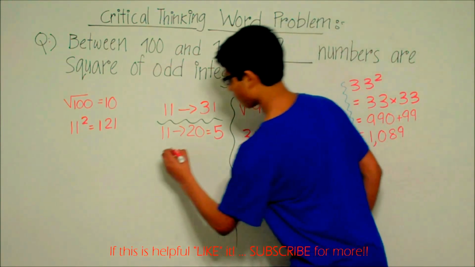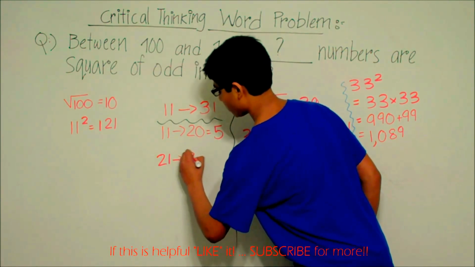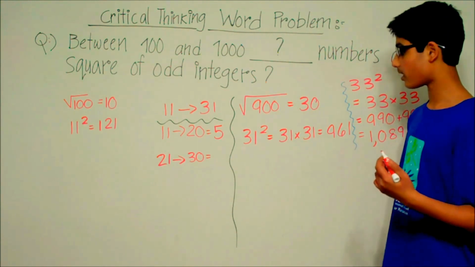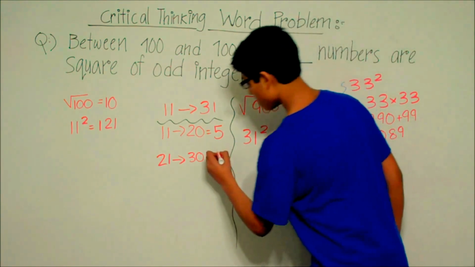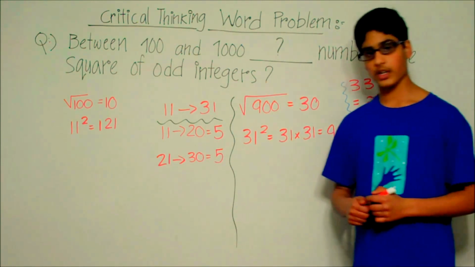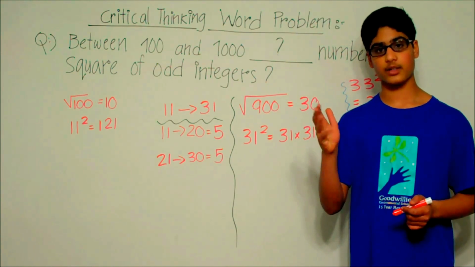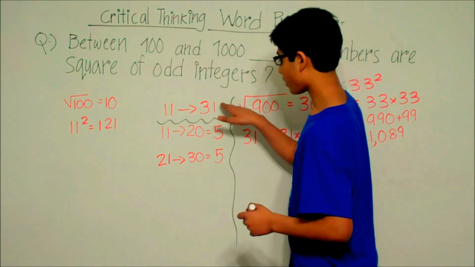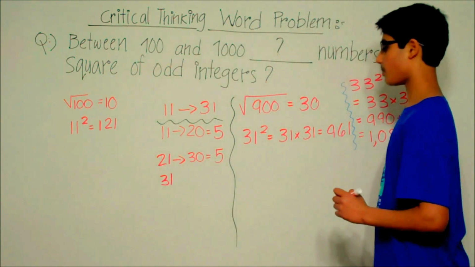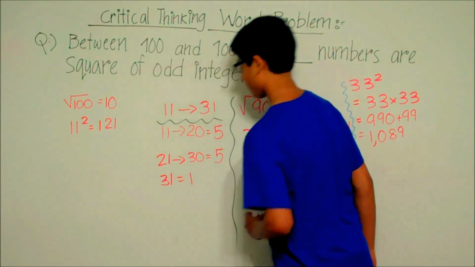Now let's do from 21 to 30. We can assume that there are also 5 more odd integers, and we are correct: 21, 23, 25, 27, and 29. Then we have 31, which is the last number, and it is an odd integer, so that is plus 1.